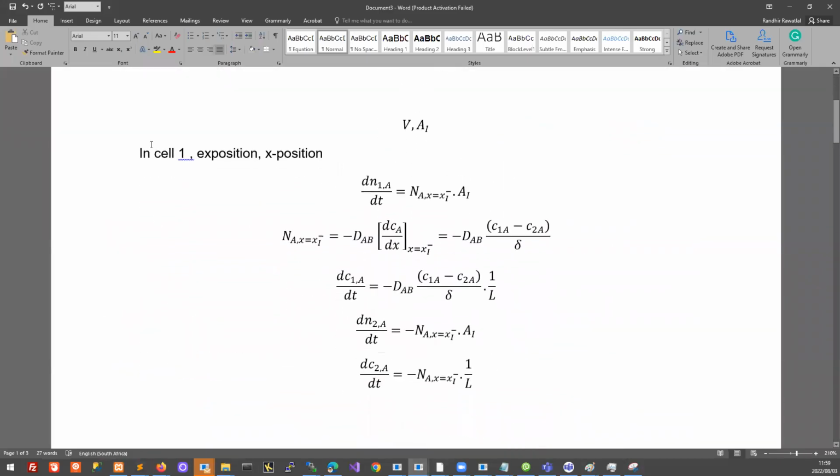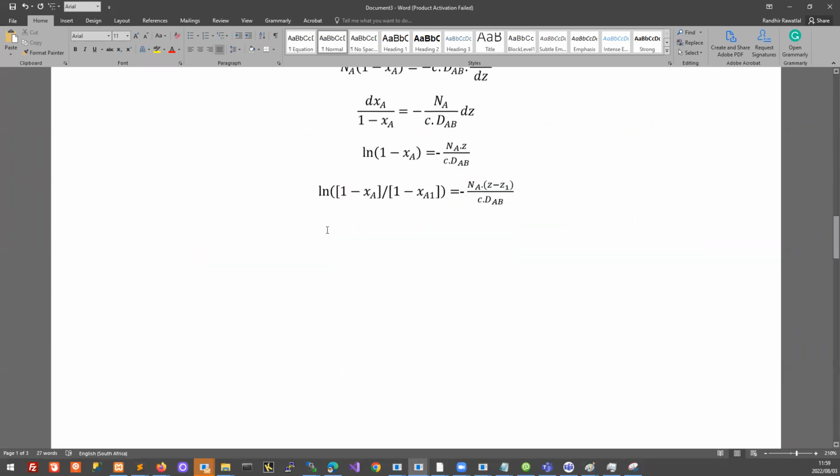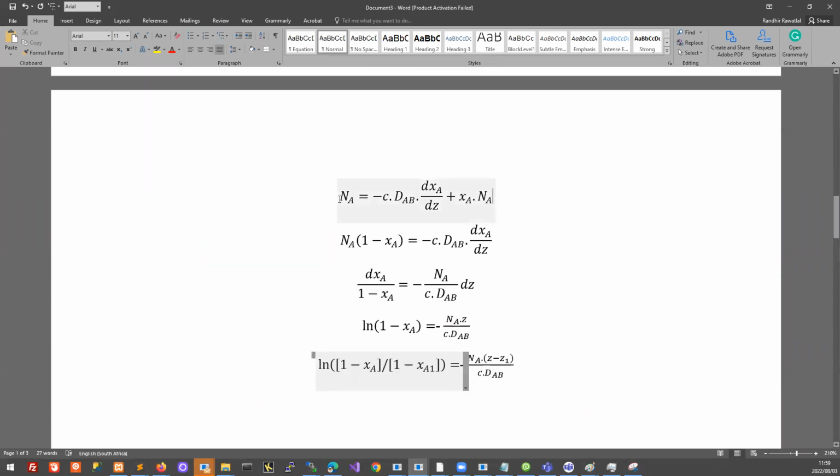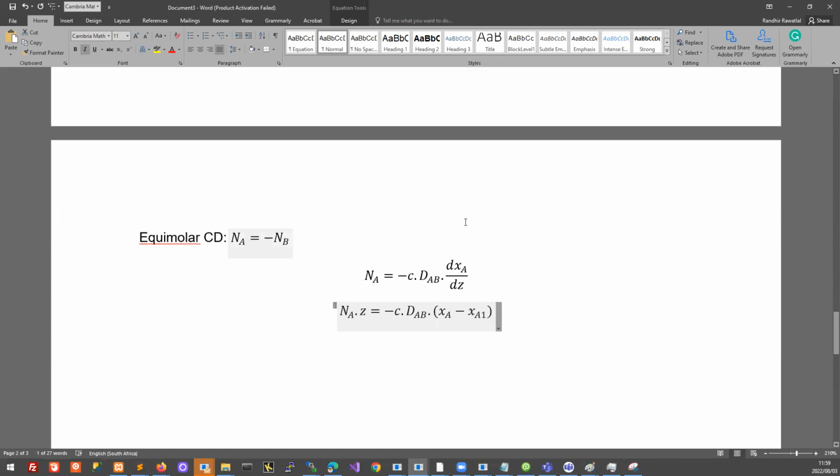What we did was explain the physical situation. So we said stagnant B, so one of those terms vanished, and then everything else was algebra and a little bit of calculus here. Same thing here, right? It's the same equation. Here we just said NA equals minus NB, and so it simplifies like that.